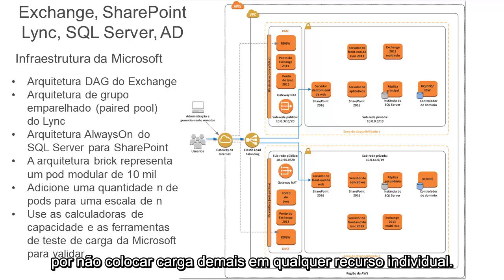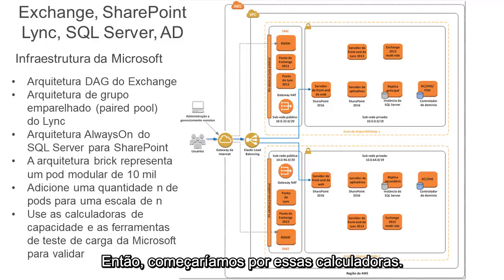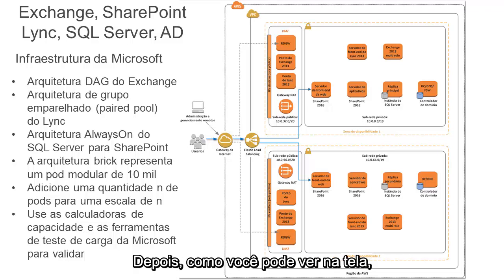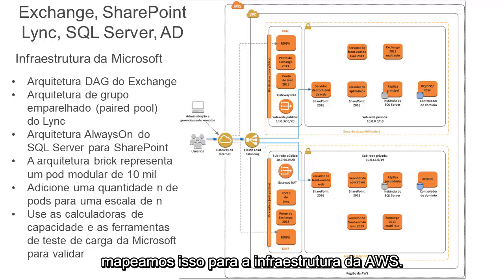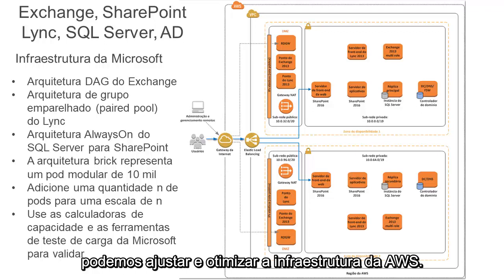for not putting too much load on any individual resource. And so we would start with these calculators. That would give us an architecture that's supportable. And then, like you see on the screen here, we then map that to AWS infrastructure. And then, as I said a few slides ago, we can then tune and optimize the AWS infrastructure.